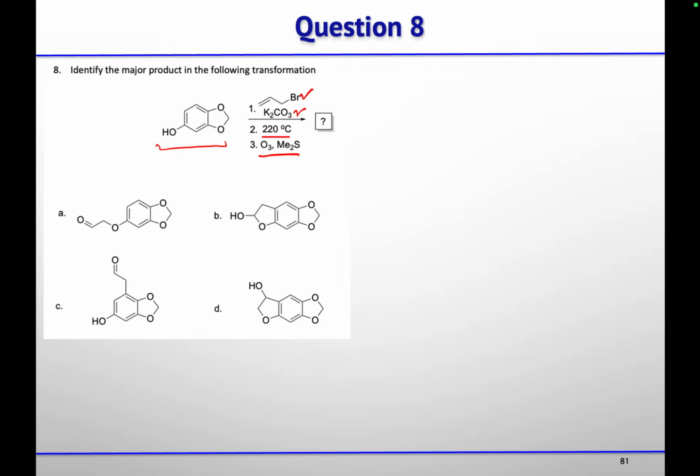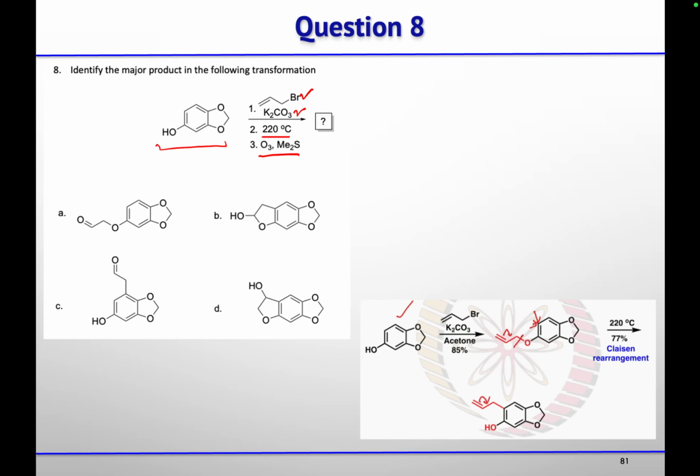Then under heating conditions, the reaction you can think of is the 3,3 sigmatropic rearrangement. Ozonolysis of the double bond will then give you the aldehyde. So first the phenoxide ion forms and reacts with allyl bromide to give the O-allyl product.